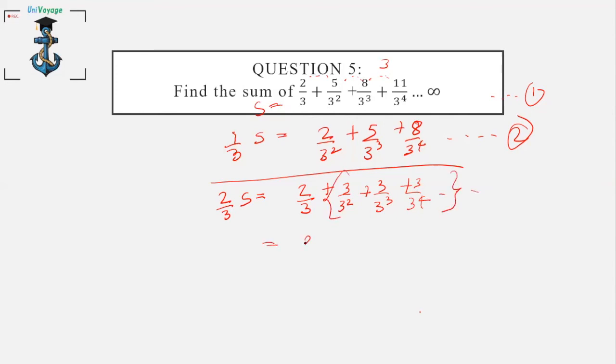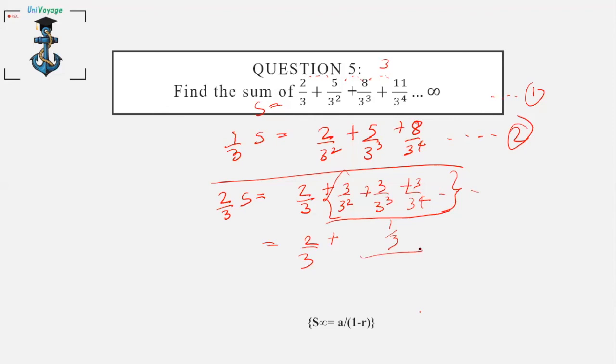Here you can write this as 2 by 3 plus 3 by 3 square, so that is actually 1 by 3. You can take the sum of infinite GP here. We can apply that formula here because it is diminishing.